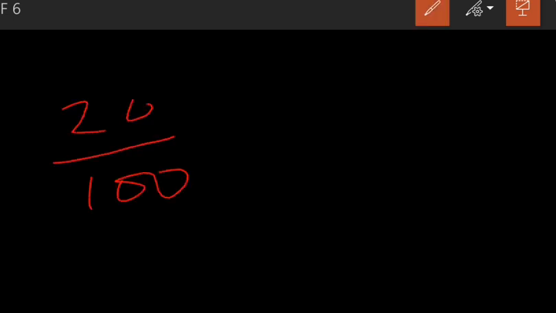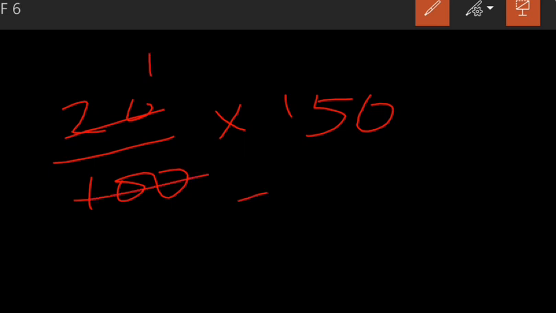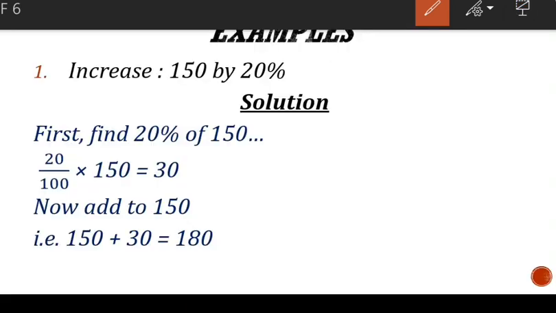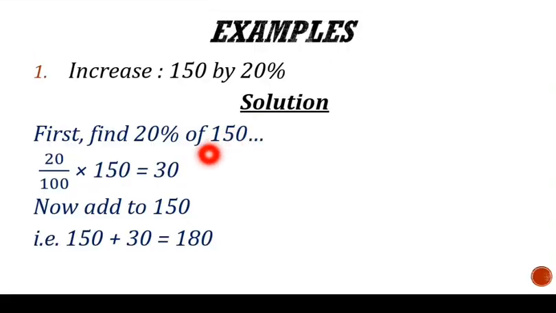Quickly go with me. 20 over 100 multiplied by 150. 20 here goes into 100 five times, giving us 5 over 1. Then 5 into 15 gives 3, and 3 times 0 gives 0. That gives us 30. That is how we come about the 30.